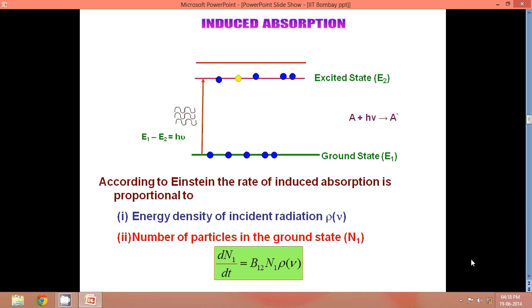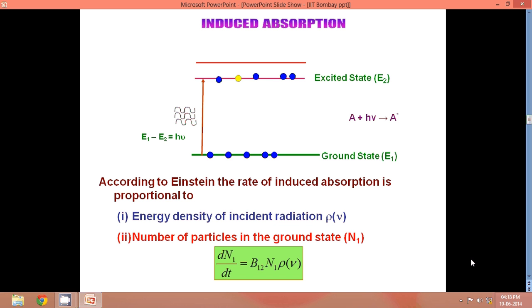If this energy is absorbed, the system moves from the ground state to the excited state. Such a transition from a lower energy state to a higher energy state by absorbing energy from an external source is called induced absorption.